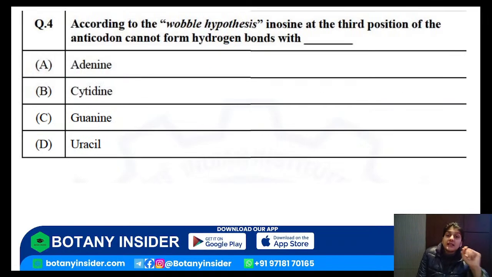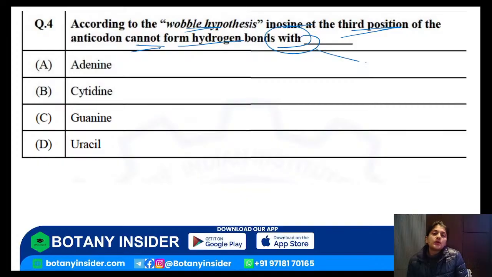Next question, very simple question. Now, this is related to your wobble hypothesis. According to the wobble hypothesis, inosine at the 3rd position of the anticodon cannot form a hydrogen bond with which of the following? When we learn about the wobble hypothesis in unit 3, molecular biology, it is asking that inosine at the 3rd position of the anticodon cannot form a hydrogen bond with which of the following?